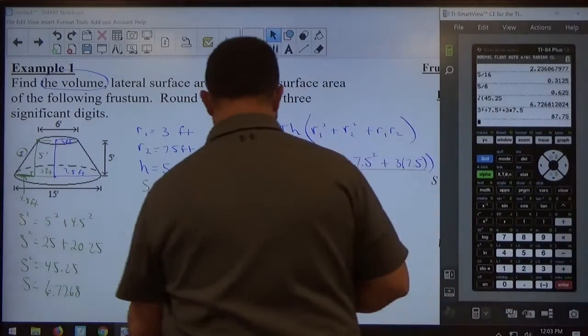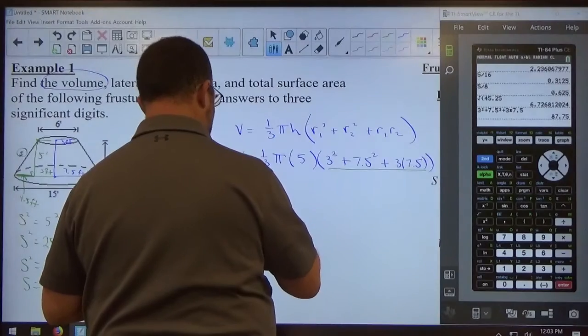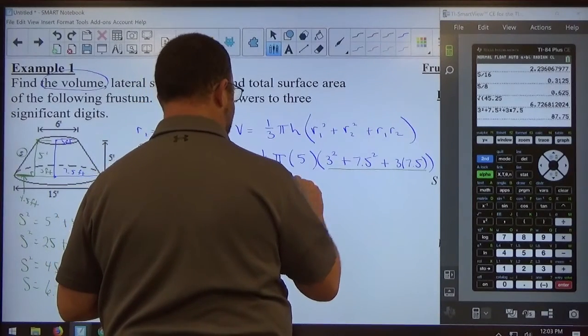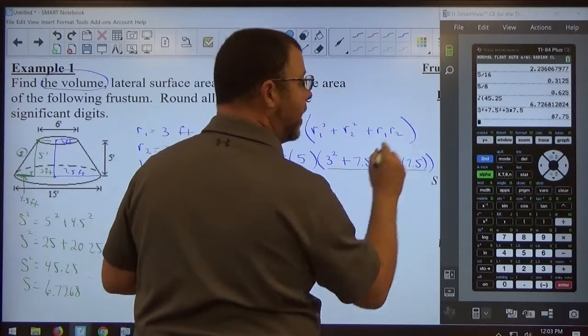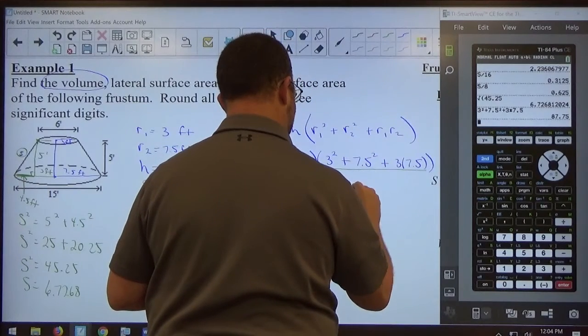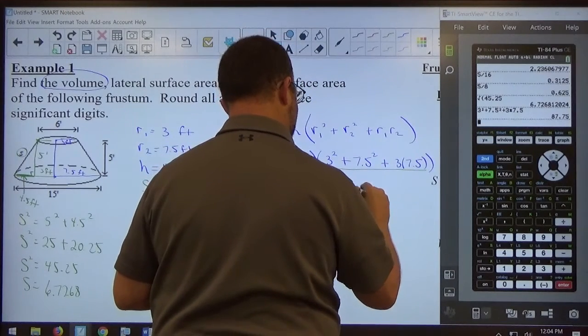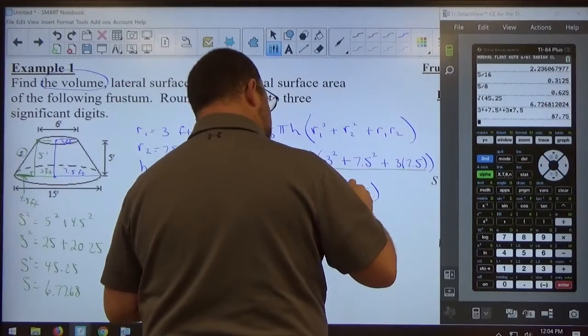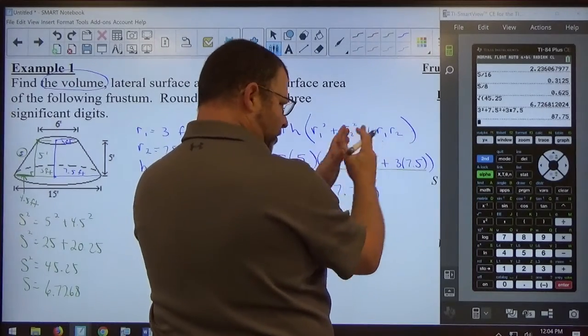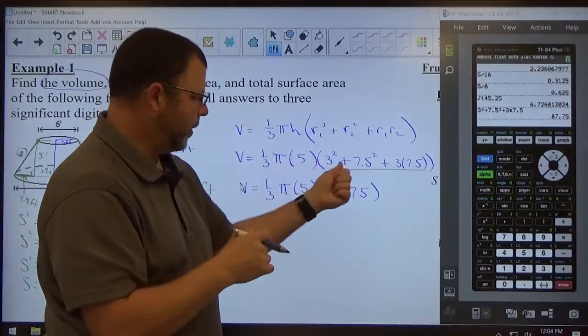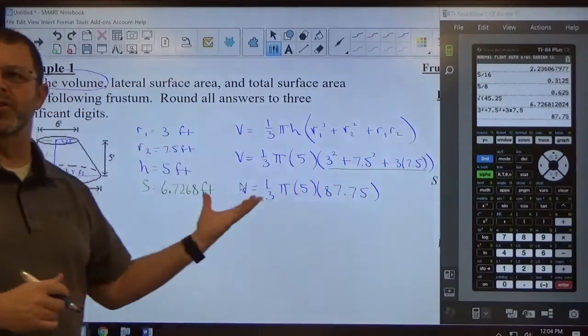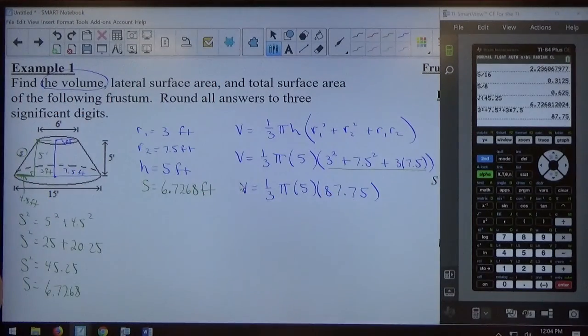So my volume formula gets simplified down to volume equals 1/3 pi times 5 times 87.75. That formula in particular gets a little unpleasant, so if we evaluate that down to a single number, now it's just like the cone formula was yesterday.